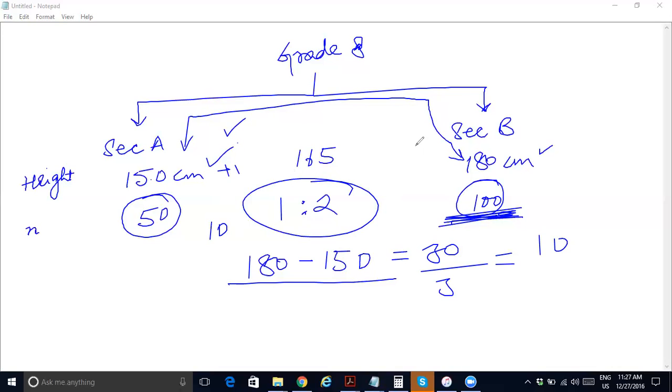That means the difference is, basically, I can show you on this. So there is a process of alligation. I'm positive that you might not have heard of it, but we will discuss that.